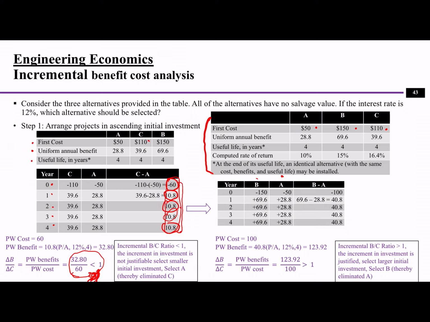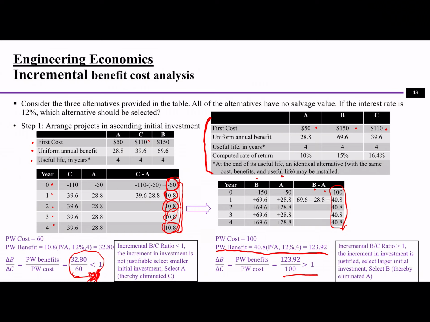Now we compare B and A. Similarly, we compute the cash flow differences for B minus A, and then calculate the benefit-cost ratio.